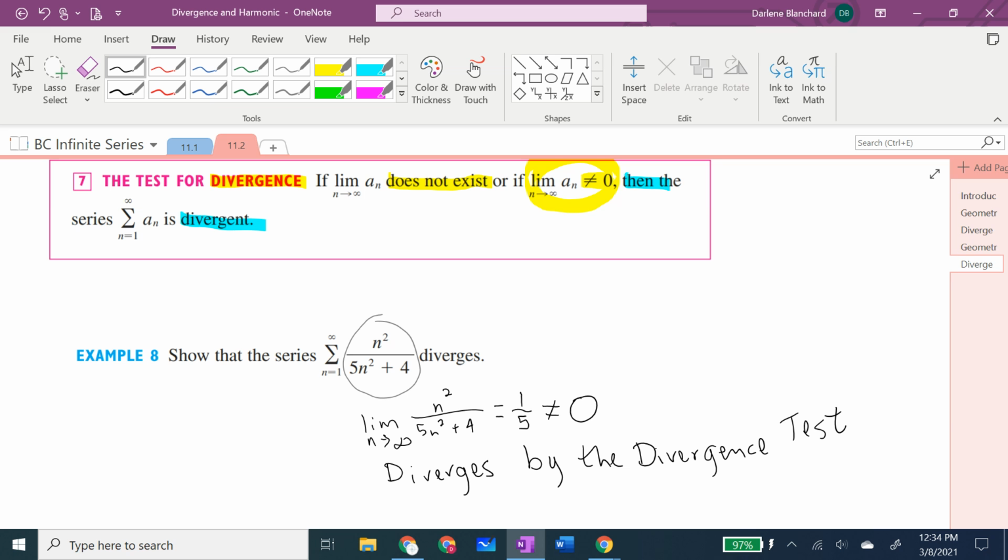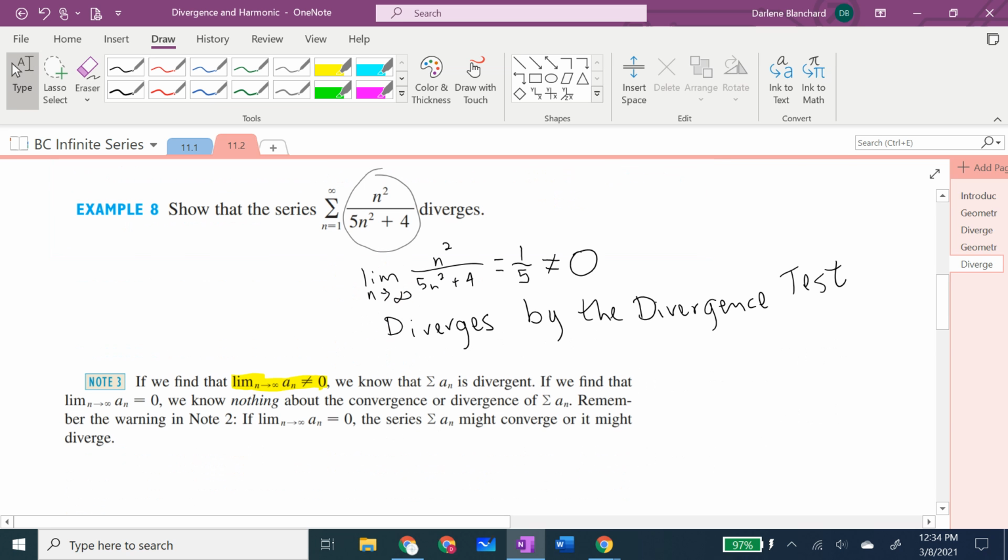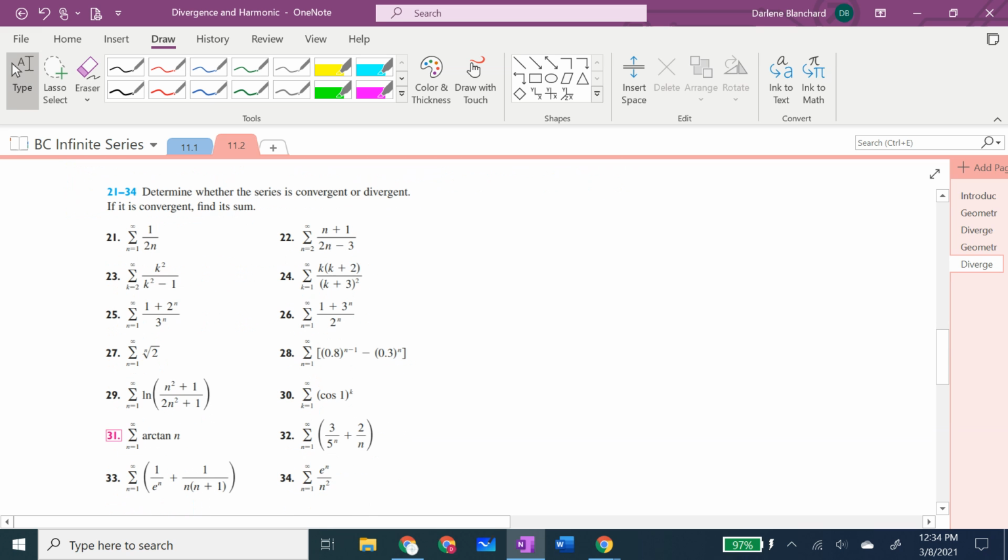Now, in your homework, I have this section of problems. And I have given you certain problems, but not other problems. Some of the series in here are geometric.